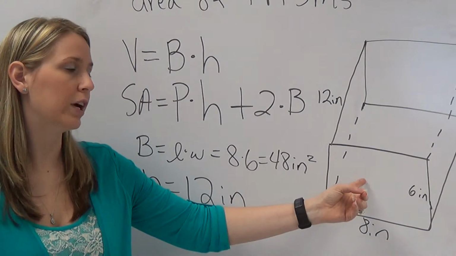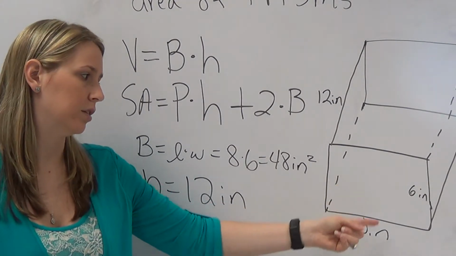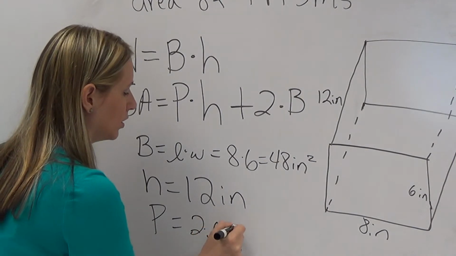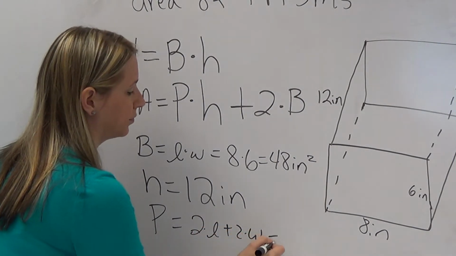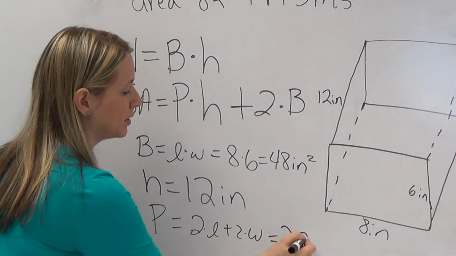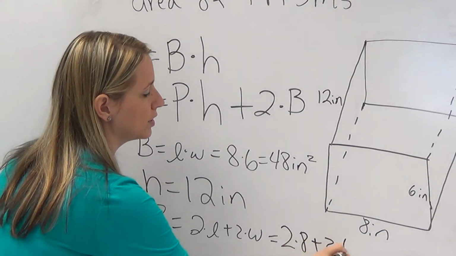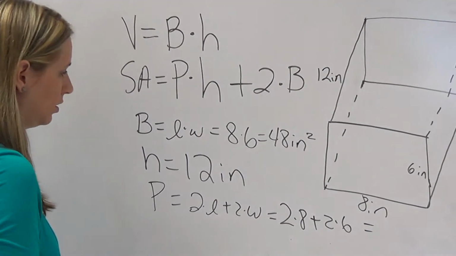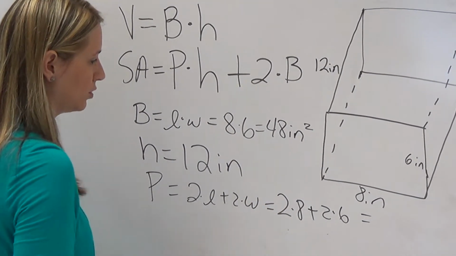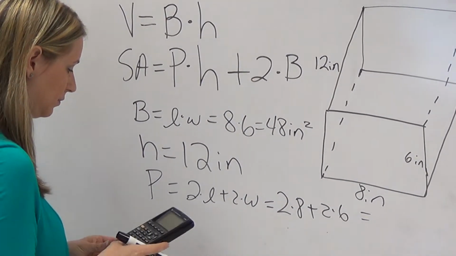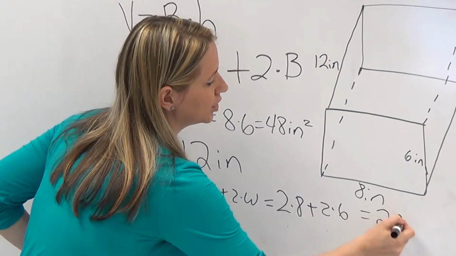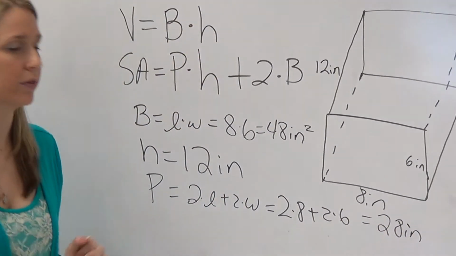And to find a perimeter of a rectangle, you just do 2 times the length plus 2 times the width. It's going to be 2 times 8 plus 2 times 6, which is 16 plus 12. 28. So we get 28 inches of the perimeter of the base.